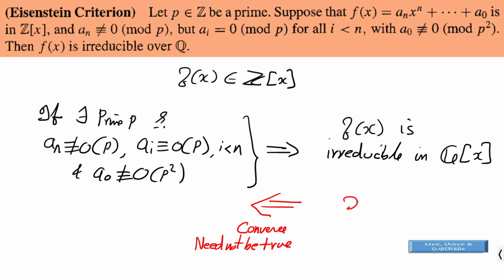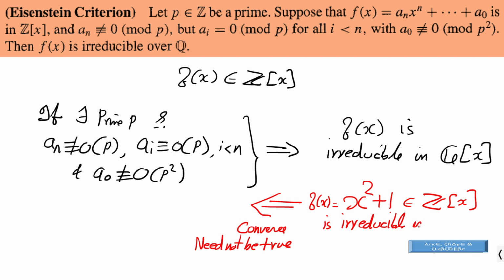For example, x squared plus 1 is a polynomial in Z[x] since all the coefficients are integers, and it is irreducible in Q[x], since there are no factors possible in Q[x].